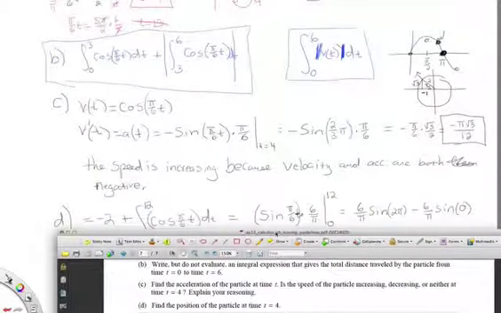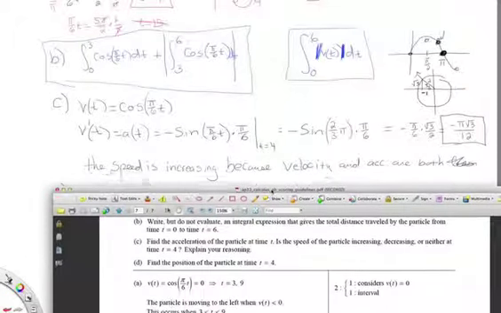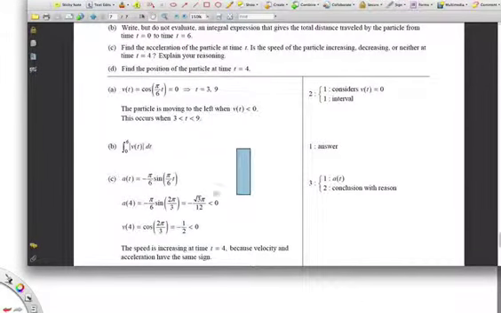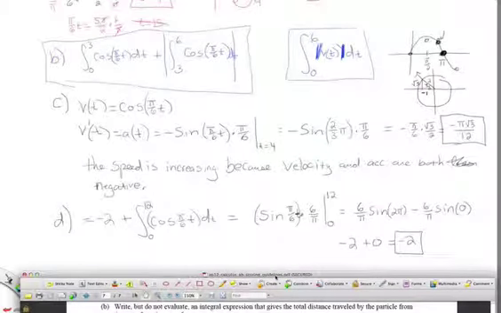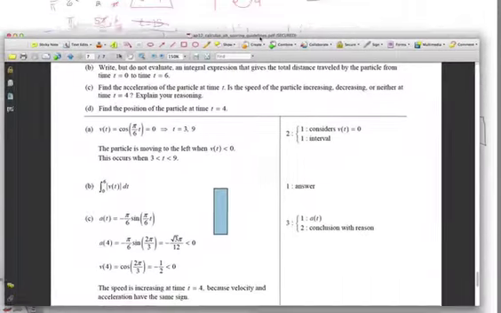Part C, we found negative pi root 3 over 12, which is less than 0. Velocity is less than 0. Speed is increasing because velocity and acceleration have the same sign. We said the speed is increasing because they are both negative, so we almost said it word for word.